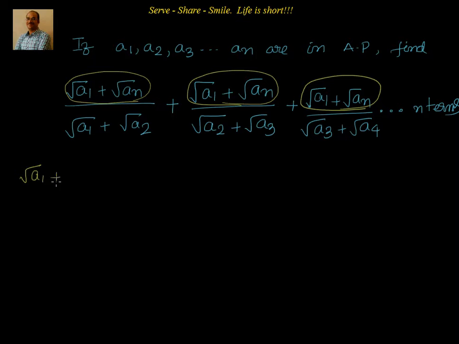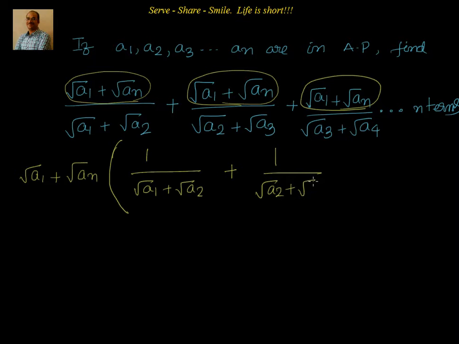Since I have taken that common, I will have 1 by root of a1 plus 1 by root of a2 plus 1 by root of a2 plus 1 by root of a3, and like that it will go for n terms.